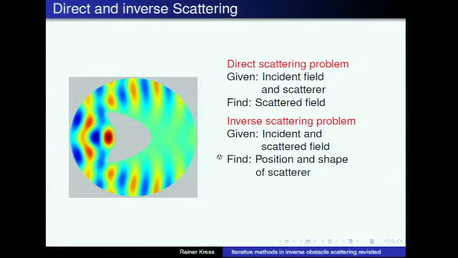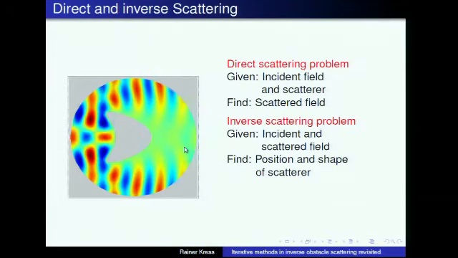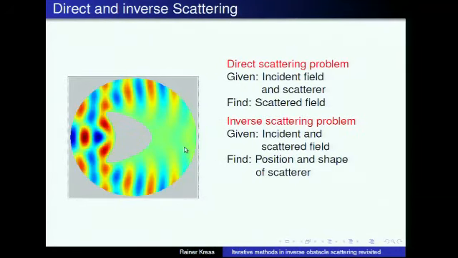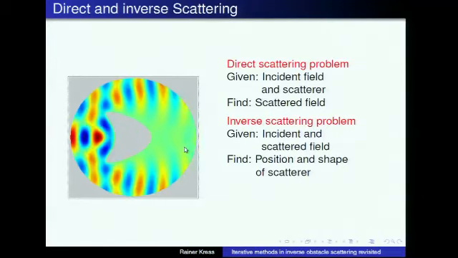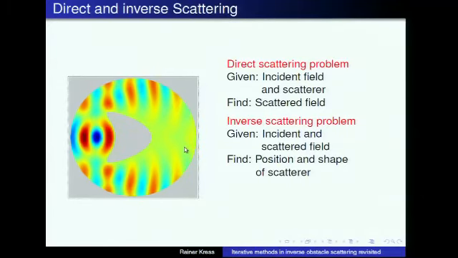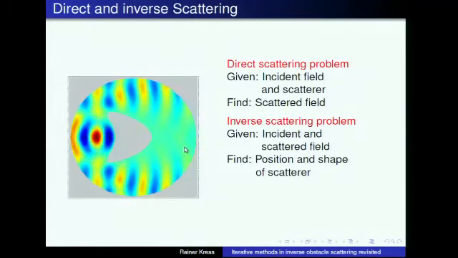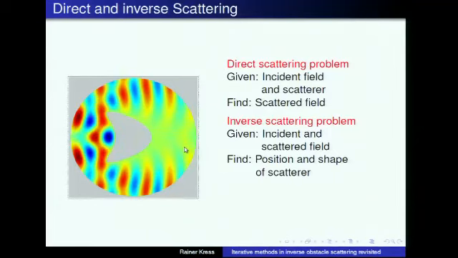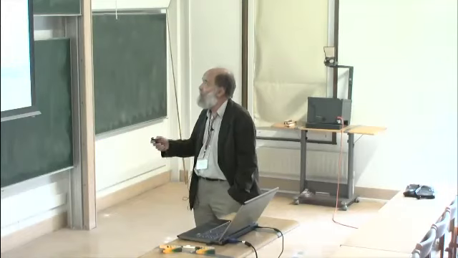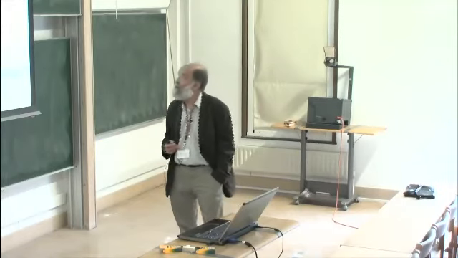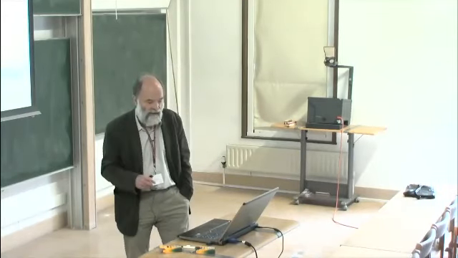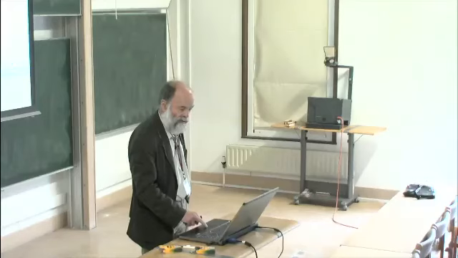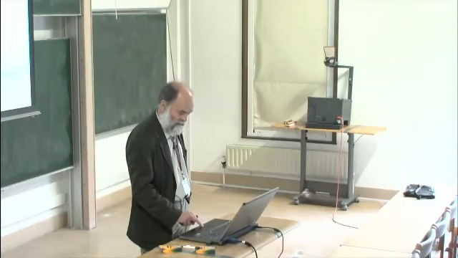And the inverse problem reverses the roles, and here we are given the incident field and some information on the scattered field. For example, we measure the scattered field all around this object, and from this information we want to find the position and the shape of the scatterer.